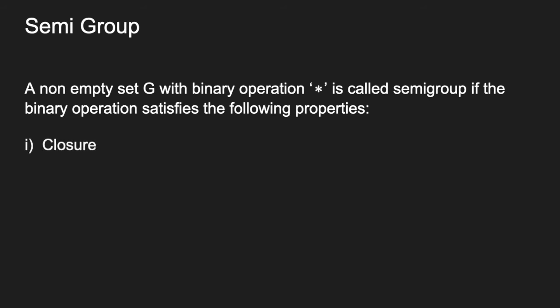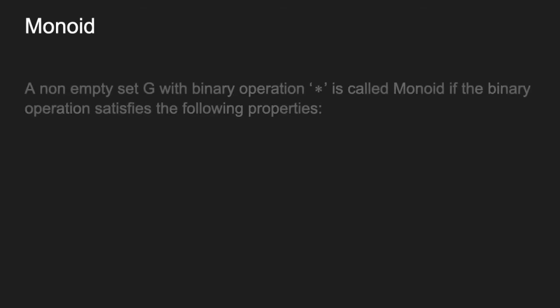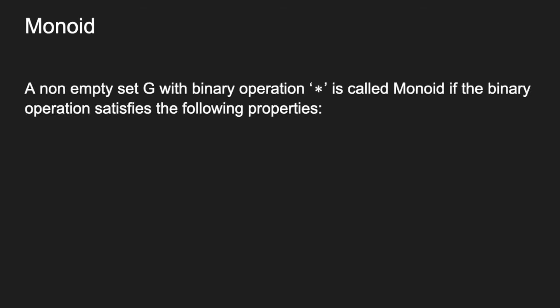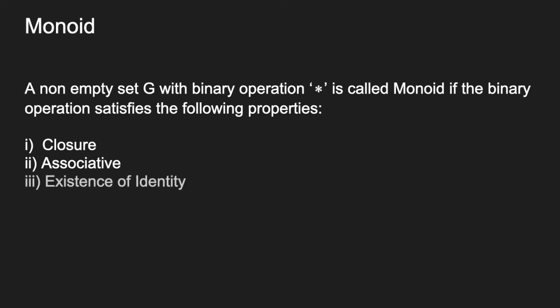The first one is closure, and the second one is associativity. Next definition, monoid. A non-empty set G with binary operation star is called a monoid if it satisfies the following properties. The first one, closure, second, associative, and third one is existence of identity. So here there are three properties: closure, associative, and existence of identity.